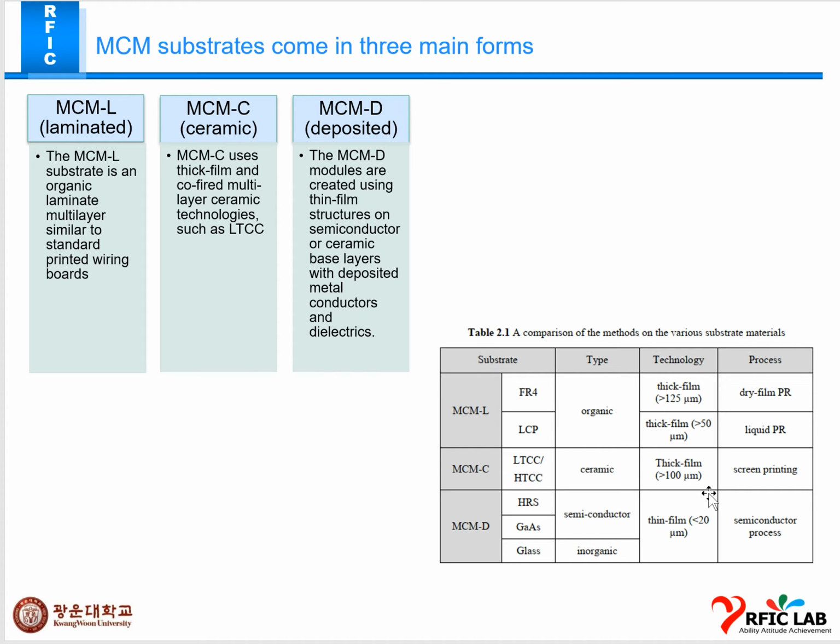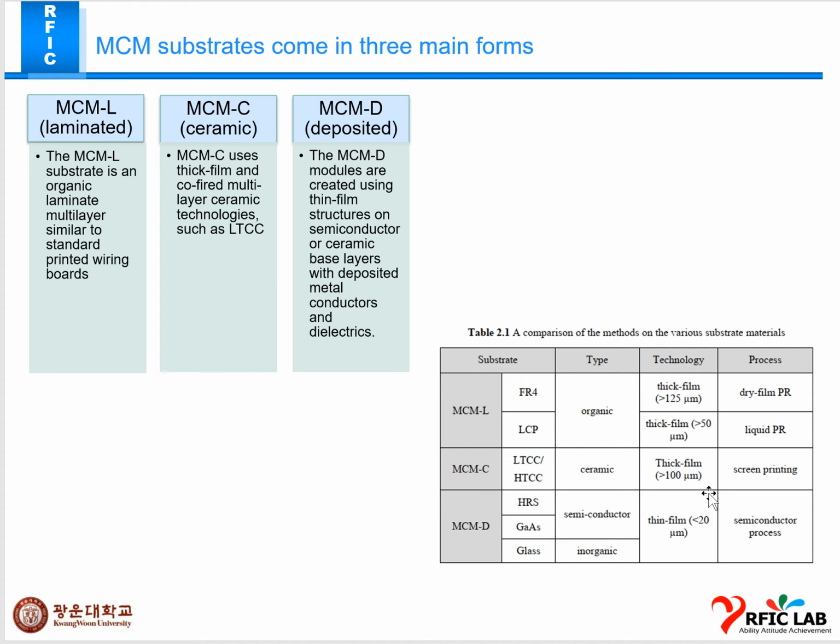In this, MCM substrate comes in three forms: MCM-L, MCM-C, and MCM-D. L denotes laminated, C ceramic, and D deposited. Now, what is MCM-L?